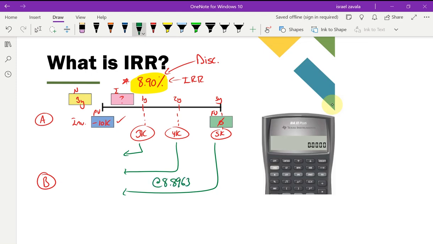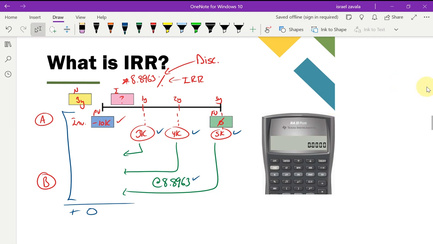I don't want to round. Okay, makes it so that when you add the initial investment plus each of these cash flows, 1, 2, 3, discounted at this rate, when we add them together, we get 0.